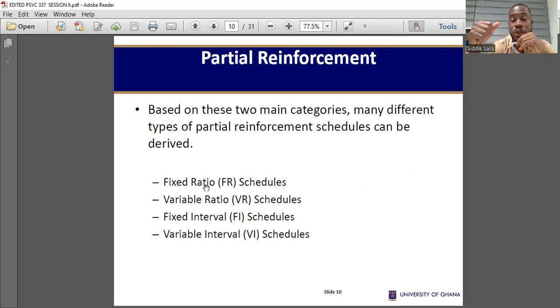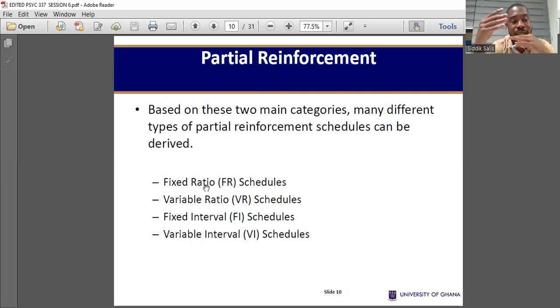For example, if you are to work 15 days in a month, meaning 2 weeks, you'll be paid 2,000 cedis. So if you work for a month, let's say 30 days or 4 weeks, how much would you be given? You'll be paid 4,000.